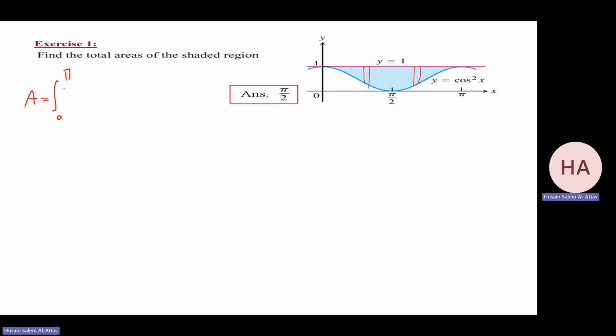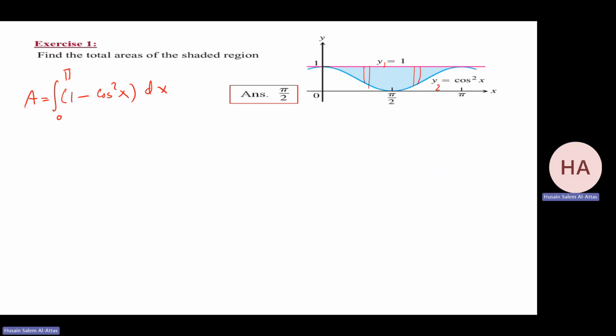The upper is 1, and the lower is cosine squared, dx. So 1 minus cosine squared, dx. This is the upper, y1, and this is the lower, y2. So you have y1 minus y2.